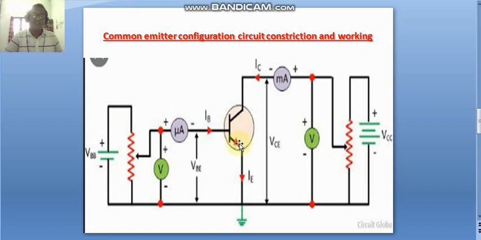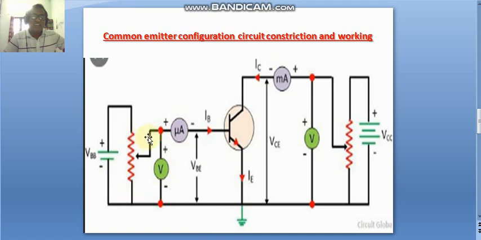A microammeter is connected in series with the transistor, and a voltmeter is connected in parallel, because it is always connected in parallel. Here VBE is shown in the common emitter configuration. The input is given between emitter and base, IB is the base current, and IE is the emitter current.